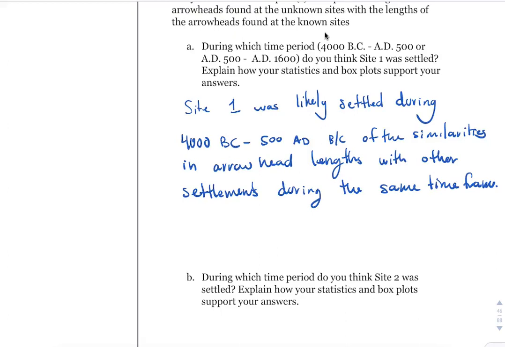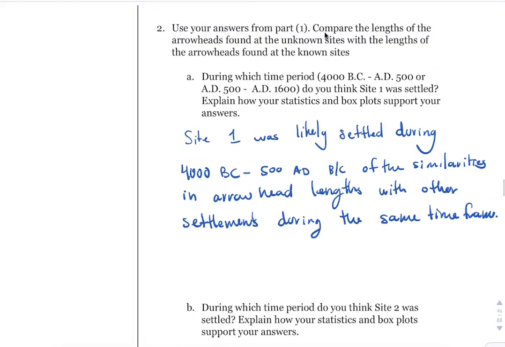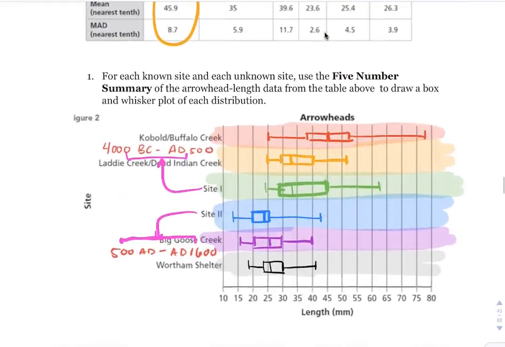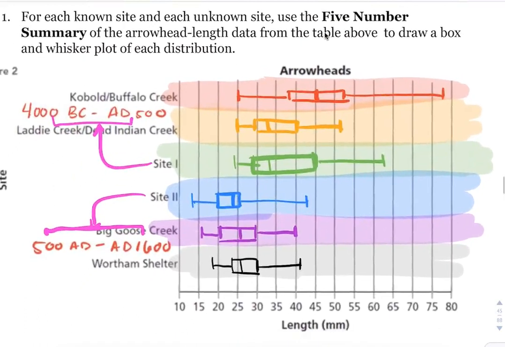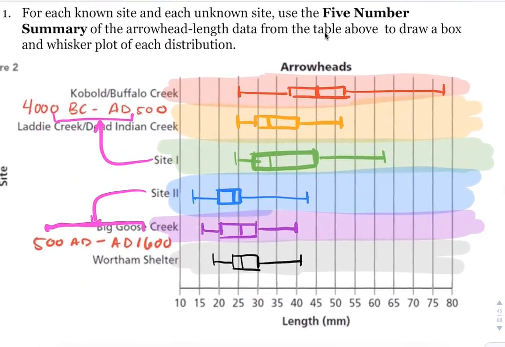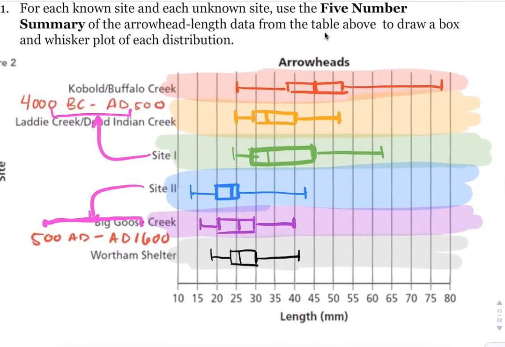Now, are these arrowheads bigger or smaller than the other group? For example, if you look here at the first 3, are those arrowheads bigger or smaller than the last 3? Adrian? They're bigger. They're a bit bigger. You can tell because the numbers are larger and these are lengths, so they're a little bit longer. They might be a little bit wider, but they didn't measure that on this table.